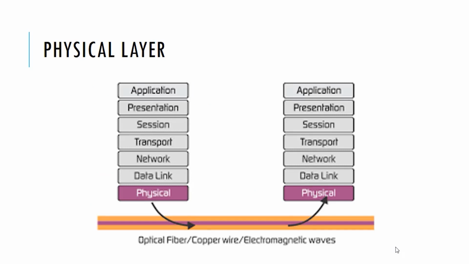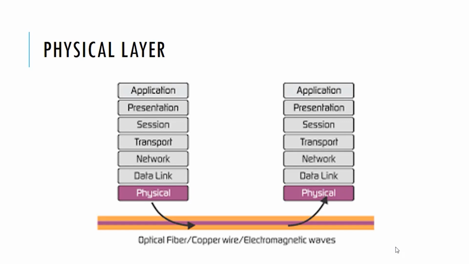As we can see, here are two stacks of 7 layers for the sender and for the receiver. We can imagine a logical link between the application layer here and the application layer there. But the physical link that really exists and that is not imaginary inside this diagram is between the physical layer at the sender side and the physical layer at the receiver side.